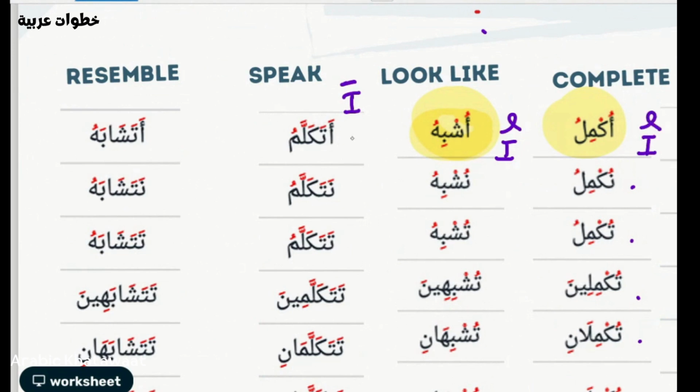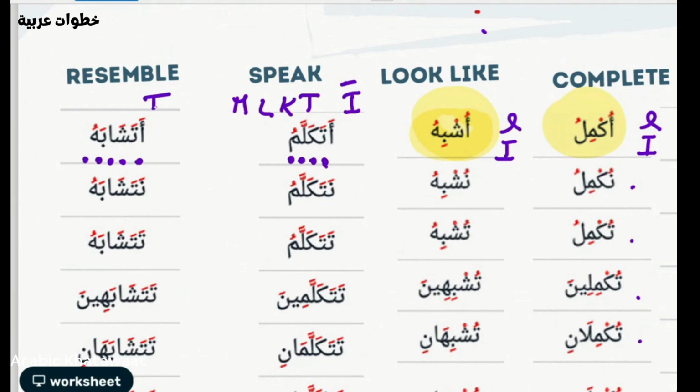So if I want to say أتكلم, I understand that I get rid of the I and I end up with these, which we learned before, T, K, L, M. So I have T, K, L, and M. And you see 1, 2, 3, 4. The T is part of the verb. So that's takallama. And here also I have tashabaha.